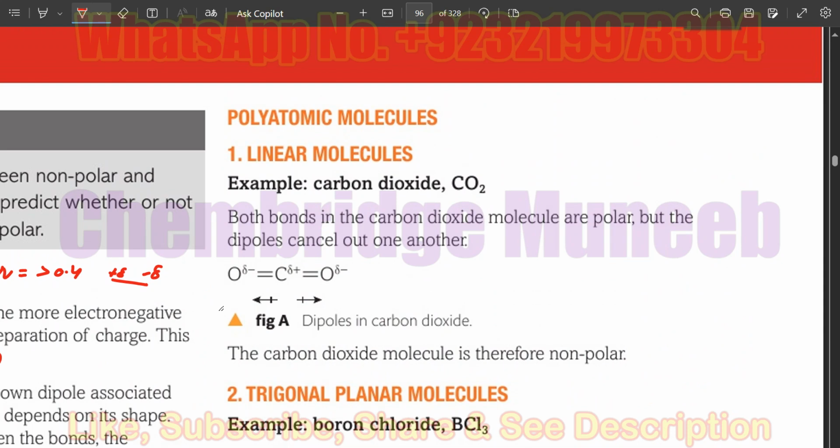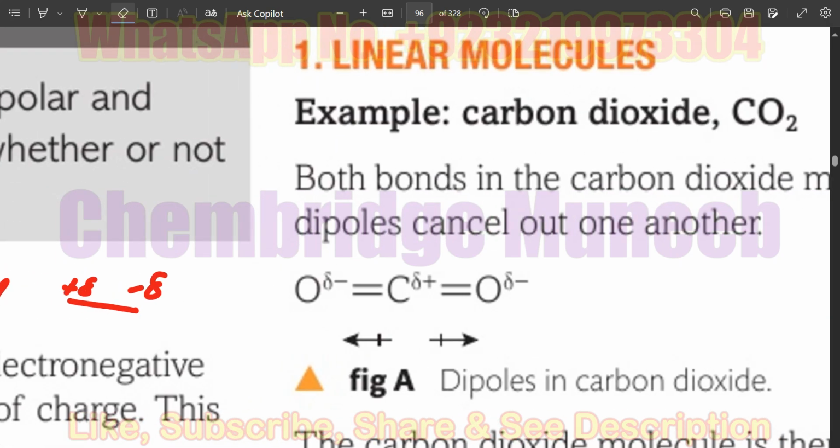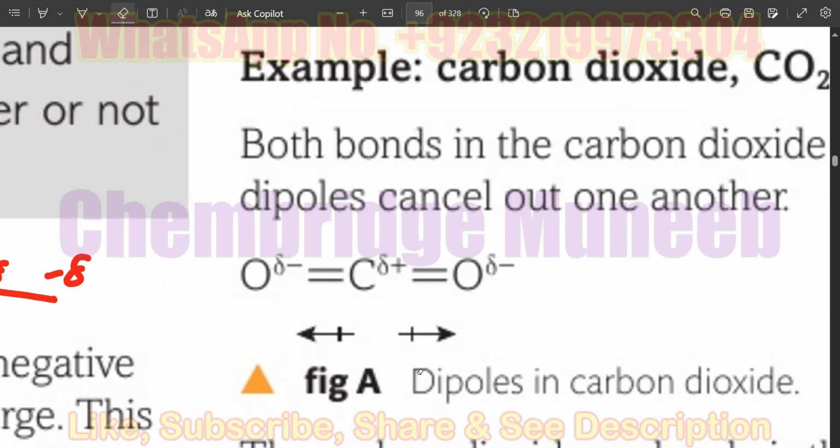Now let's take another example here. That is carbon dioxide. In the case of carbon dioxide, the carbon is the partial positive side and oxygen is the partial negative side. Now, why are they partial positive and partial negative? Can you tell me the reason? Because their electronegativities differ by more than 0.4.